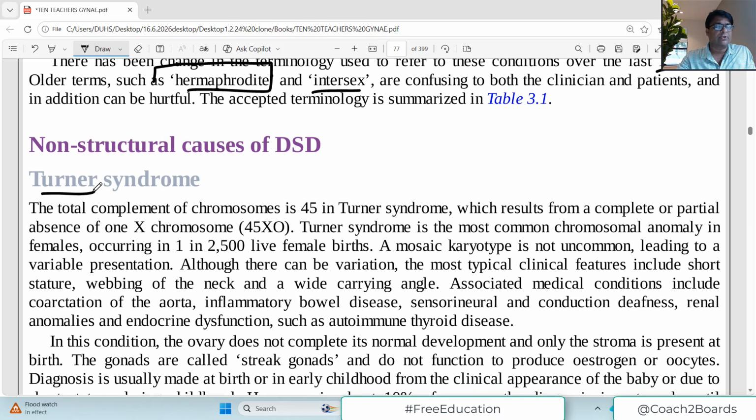So for example, Turner syndrome, you should know what it is. The total complement of chromosome is 45 in Turner syndrome. So that is a disease where the count is not 46. It's 45 chromosomes in Turner syndrome, which results from a complete or partial absence of one X chromosome.